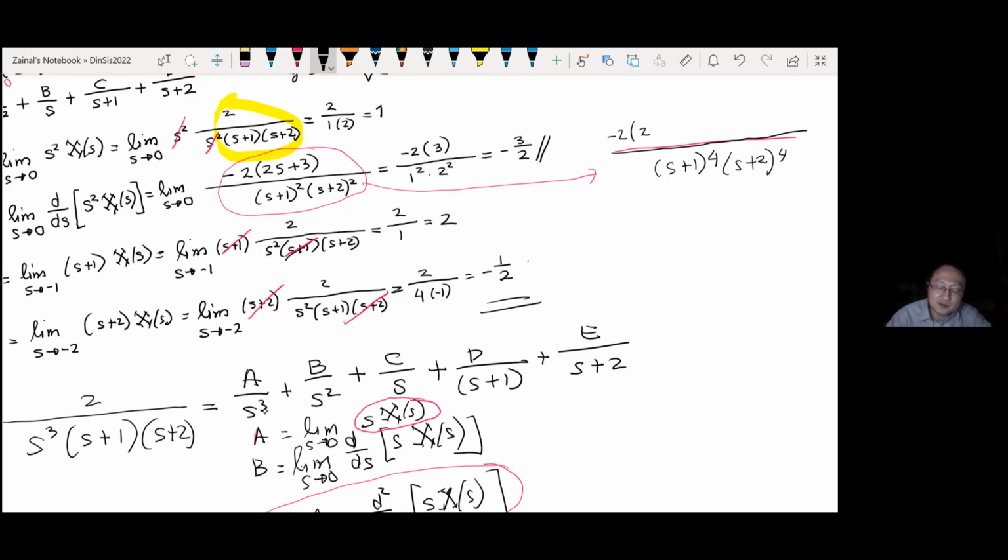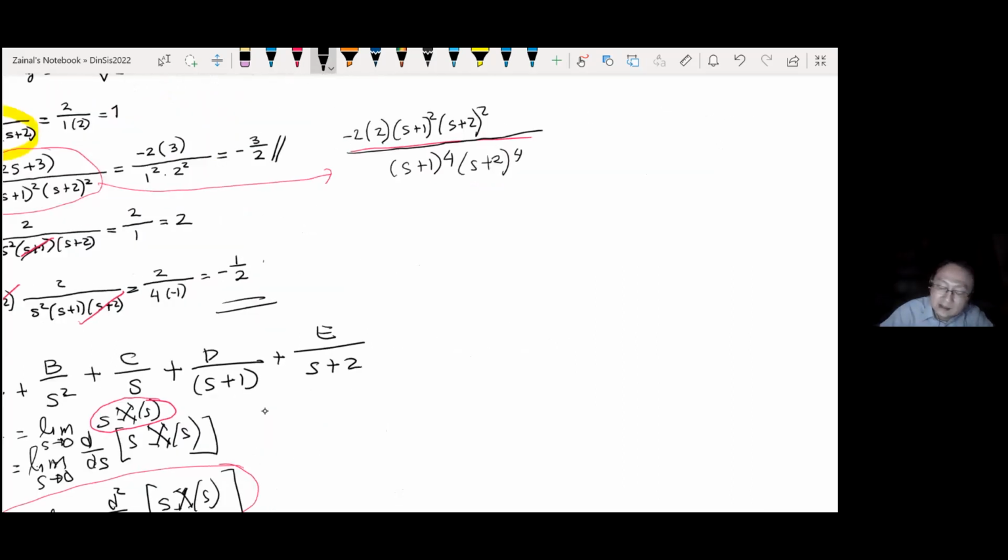Ini sebetulnya -4S ditambah 12, kalau diturunkan jadi -4, dikalikan dengan S tambah 1 kuadrat, S tambah 2 kuadrat.